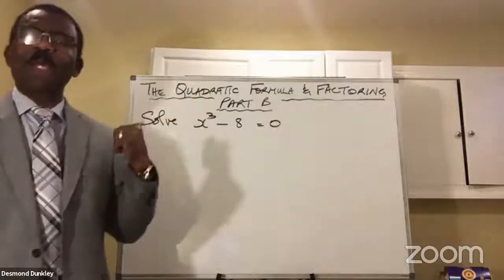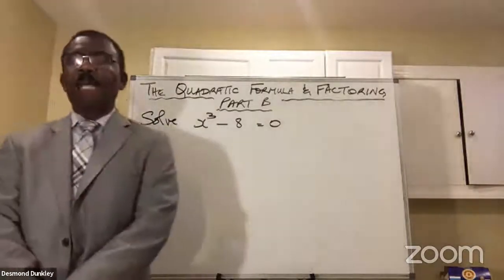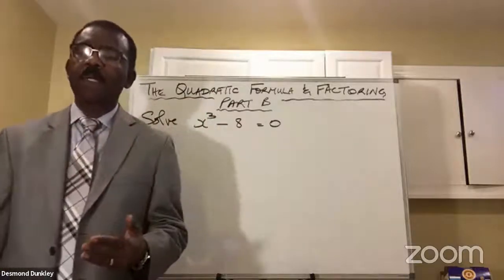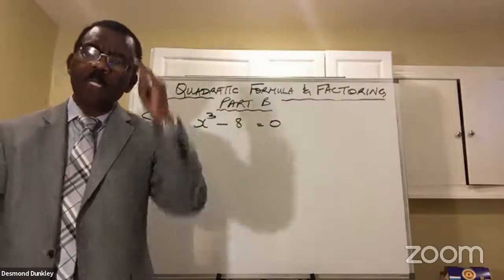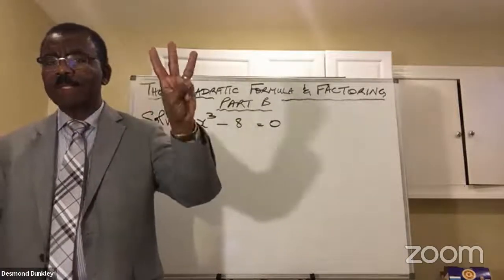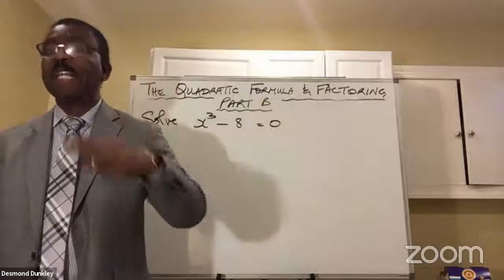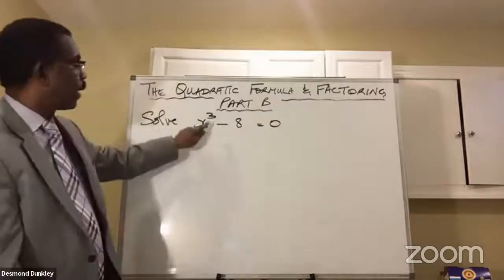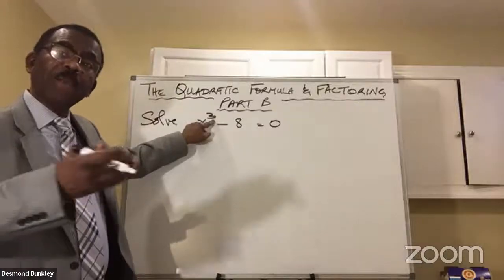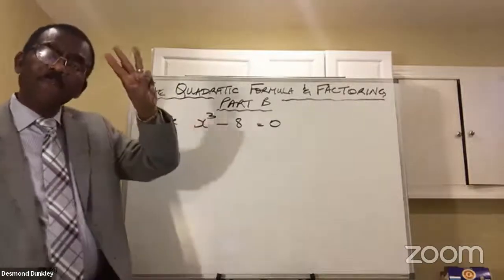Now, looking at this equation, based on what we have been doing from the beginning until now, you should know that this equation has three solutions. How do I know? I look at the highest exponent, or the degree of the equation. It's degree 3.